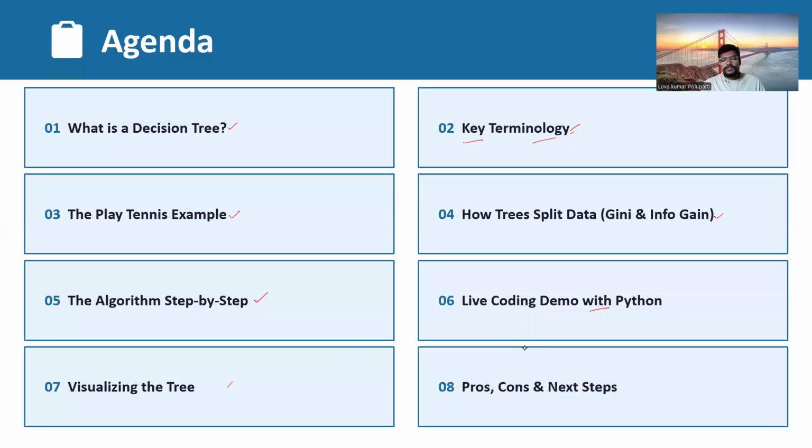Before going to this, what exactly is the meaning of a decision? In our real life also we take a lot of decisions, right? Let's say we want to go to Goa as a group of friends. First you decide based on how many people are there.